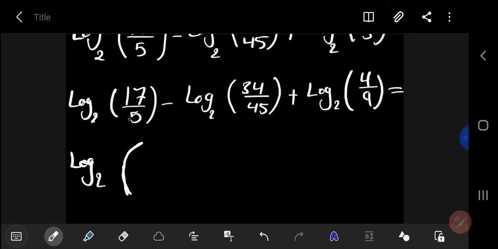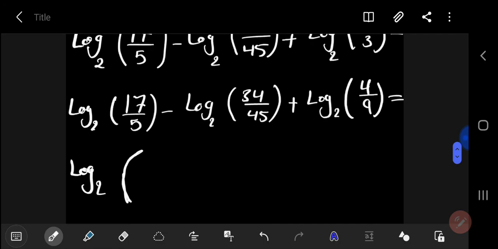Between the first number and the second number, there is minus. Between the second number and the third number, there is plus.